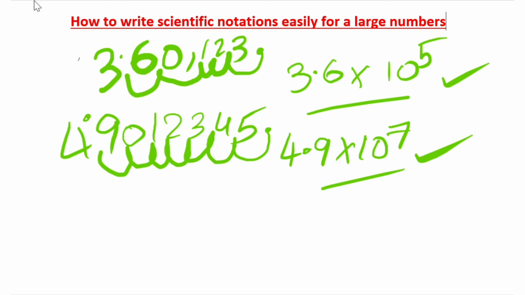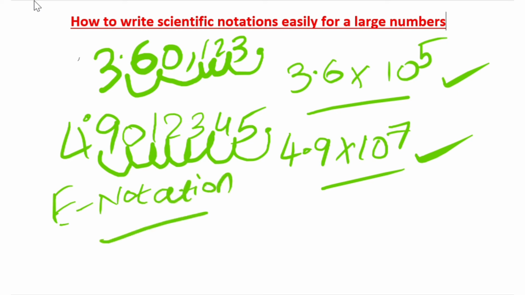There are some cases where you need to write in e notation, so it's better to understand this concept in these examples as well. If you are doing physics questions, you need to write a very large number. After your calculation you will get a certain number, and you need to denote it in e notation. Here you got 4.901234, so you need to write the exact number in e notation.